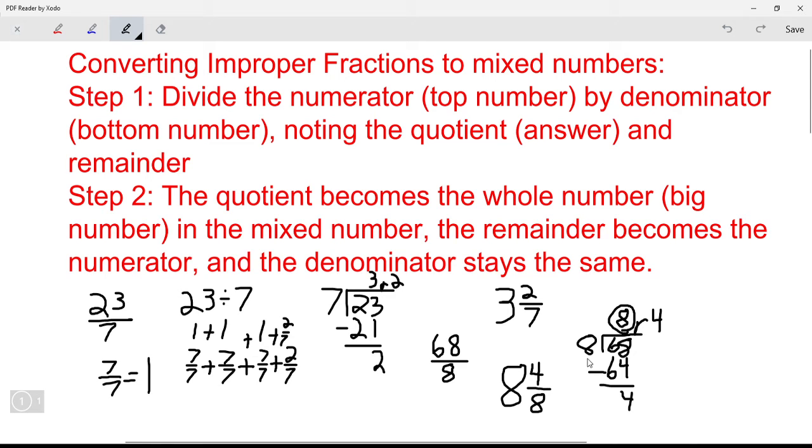But you can just take the denominator from the improper fraction. So it's 8 and 4/8. But 8 and 4/8 wouldn't be an answer on a multiple choice test because it's not reduced. We need to reduce 4/8.